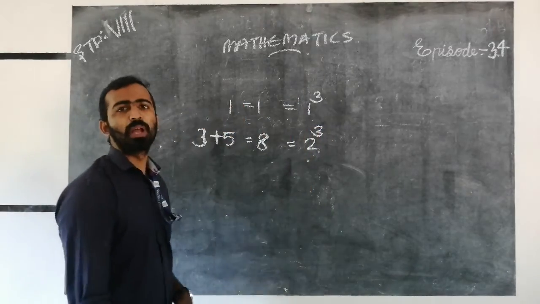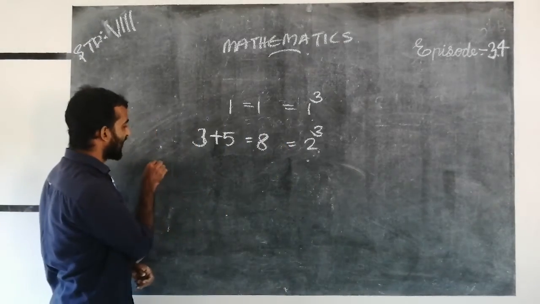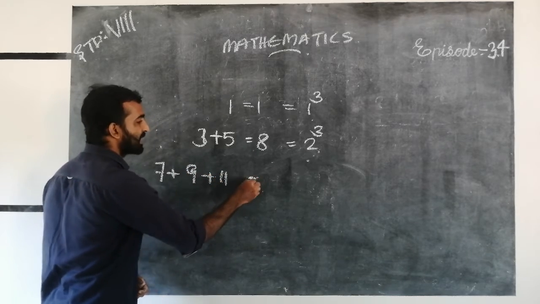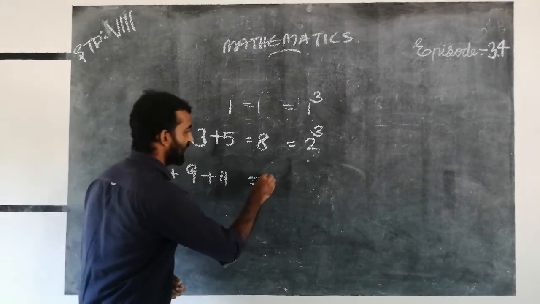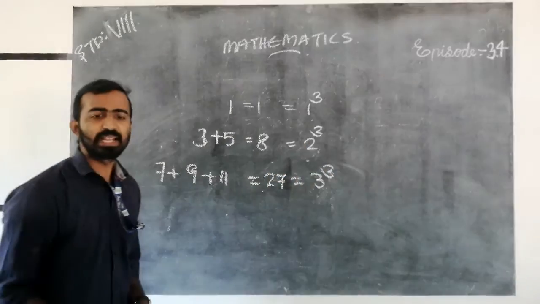The next pattern is 7 plus 9 plus 11, we get 27, that is 3 cube.